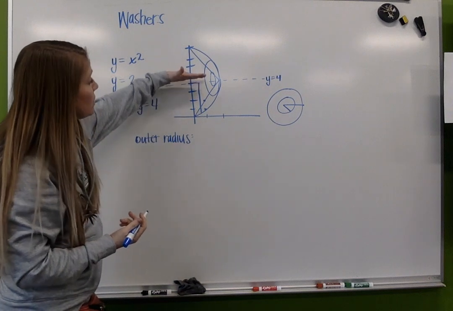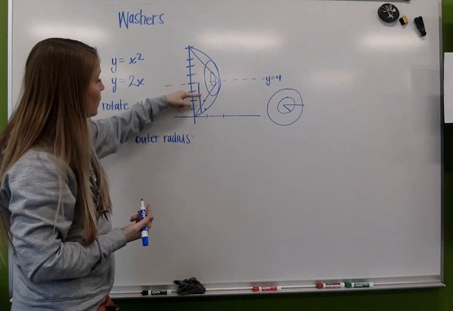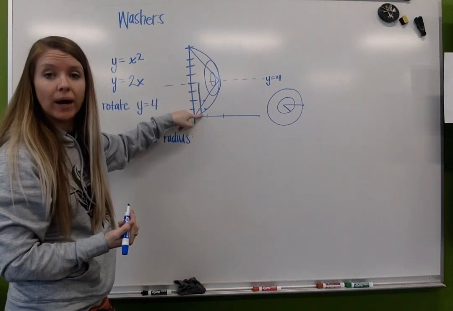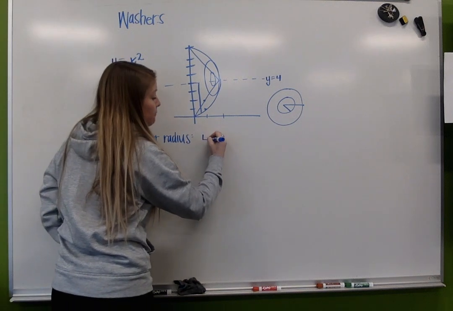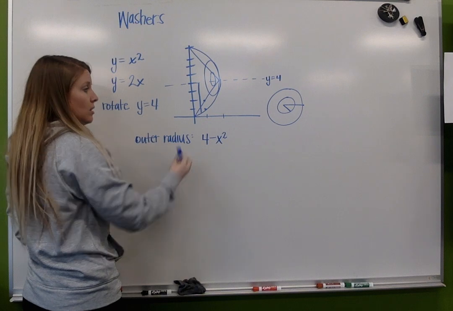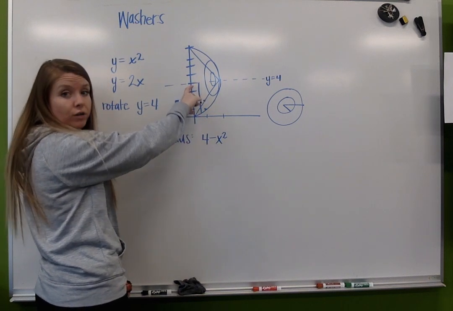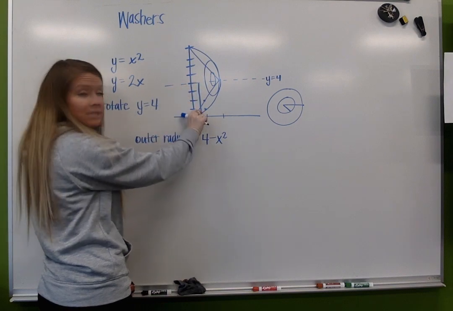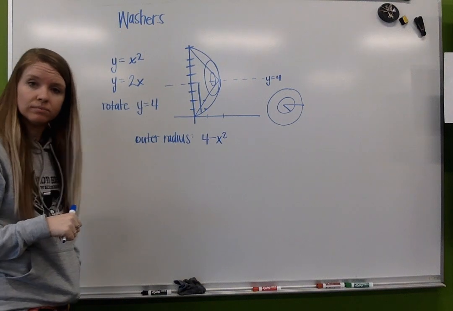So my line of rotation is at 4, and I'm going to the function x squared. That distance is found by 4 minus x squared. We're subtracting that little height to get what's left over, 4 minus the x squared. That's the radius of my outside circle.